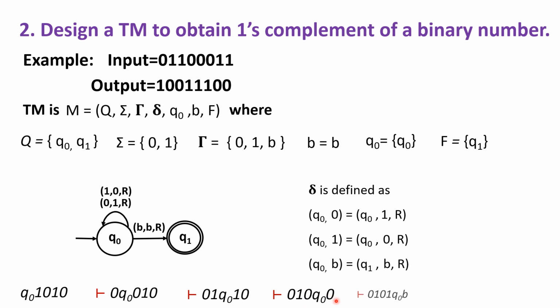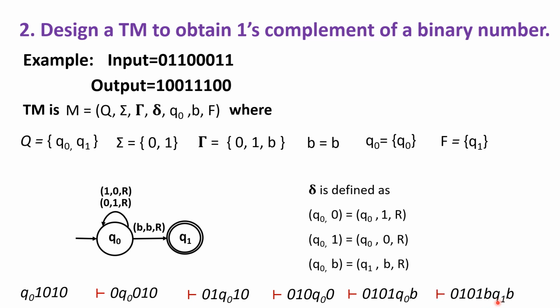So we got a 0 here, so again 0 is replaced as 1, be in the same state, move towards the right. Now on the right you can see there is a blank. So once Q0 comes across a blank, keep that blank symbol as it is, move towards the right and change the state from Q0 to Q1.